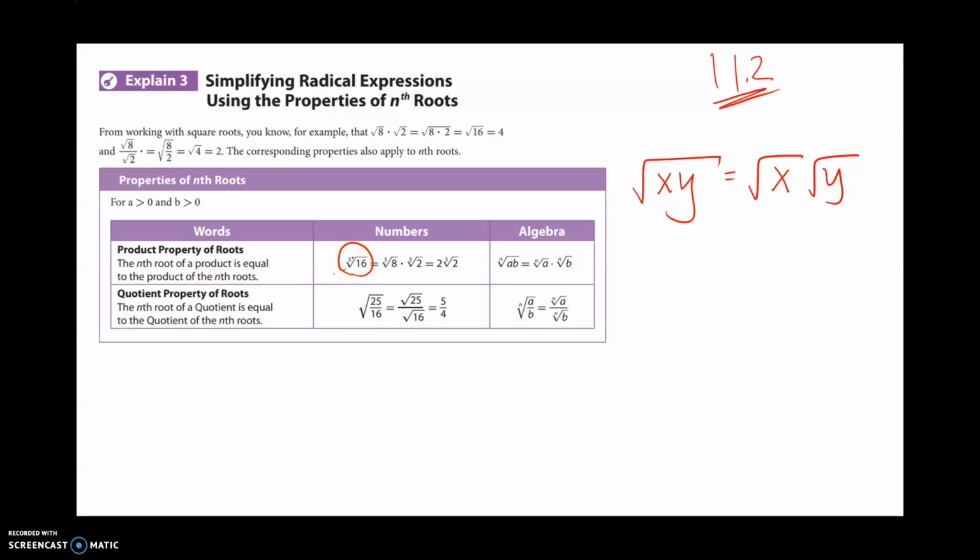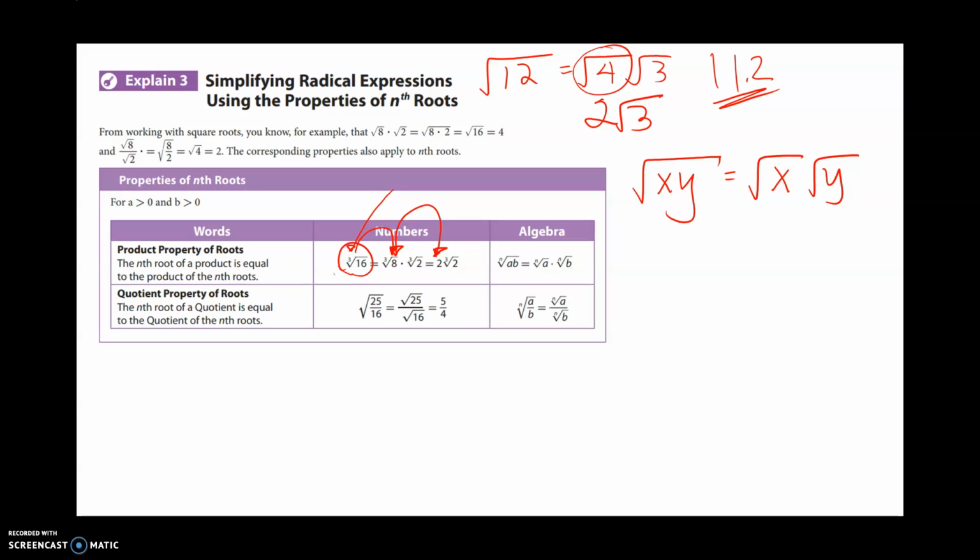Whenever you break them up, you're trying to find, in this case, a perfect cube. When we did a square root, we were trying to find a perfect square under there, because that could be simplified to 2. They're doing it here, finding a cube. That's a perfect cube right there. So you have to watch what root you're working with.